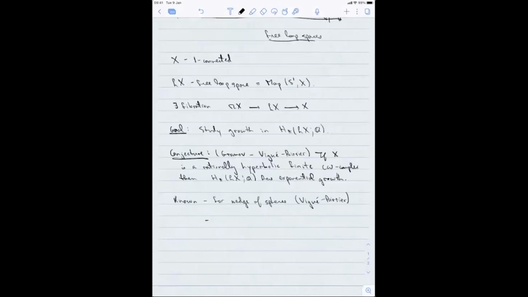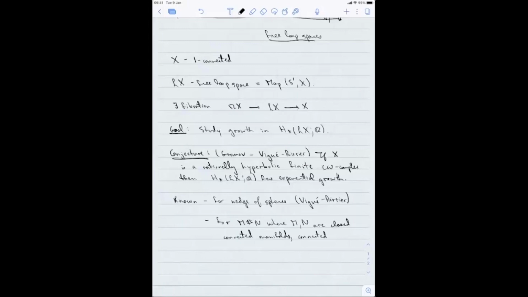It's known for certain connected sums of manifolds, where M and N are closed connected manifolds, and the connected sum is non-trivial, so you're not taking the connected sum with a sphere.